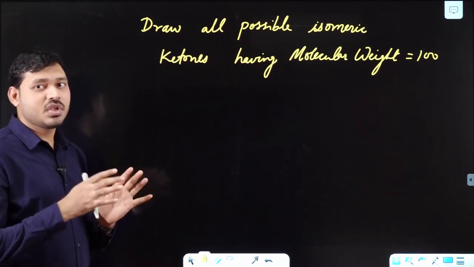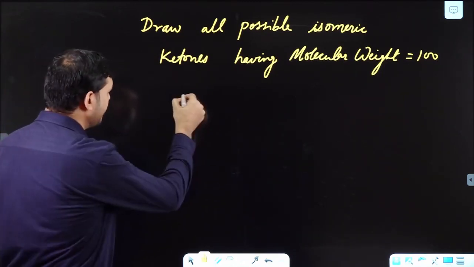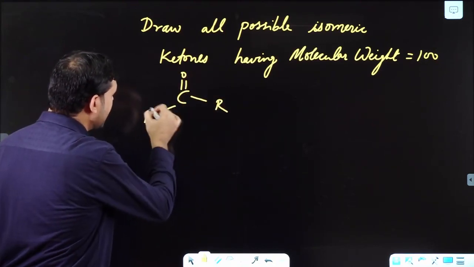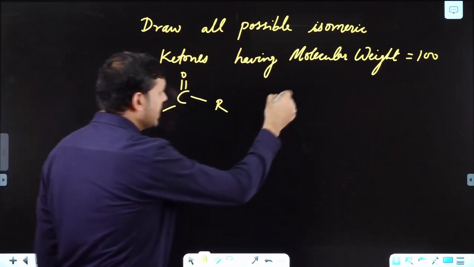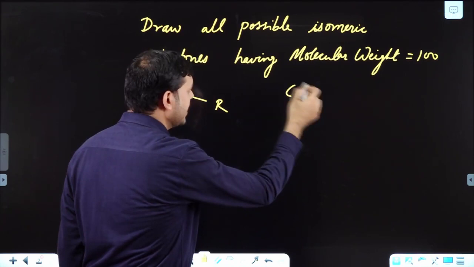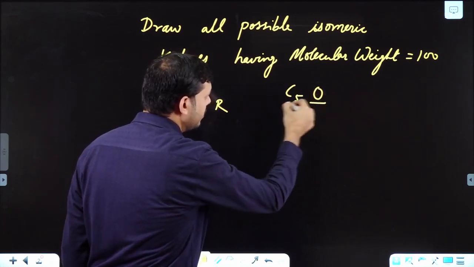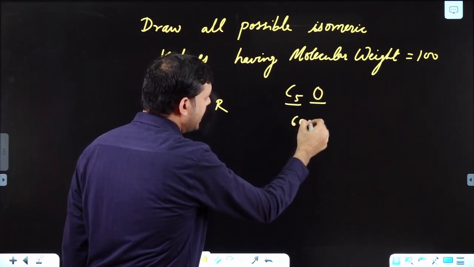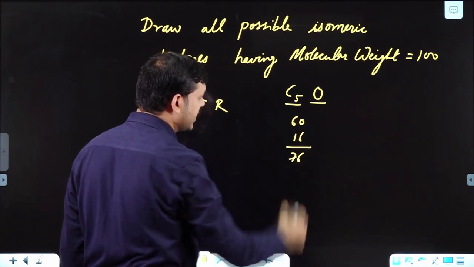So here you need to understand that one oxygen will be there, the C double bond O part, this R part and this R part, such that the molecular weight is 100. Now let us suppose C5, hydrogen we will consider anything. Then O. For 5 carbon atoms, 12 fives are 60 plus oxygen 16, so it will be 76.